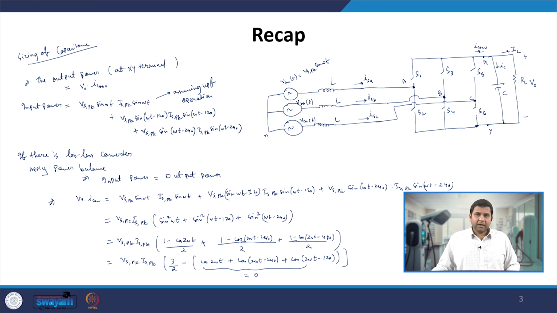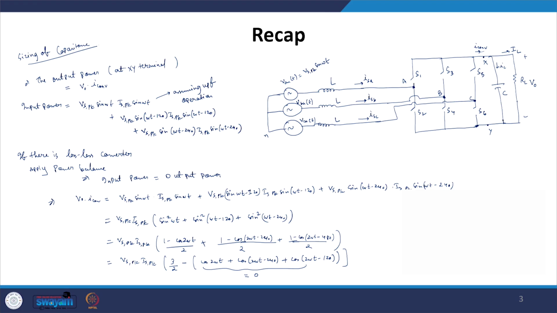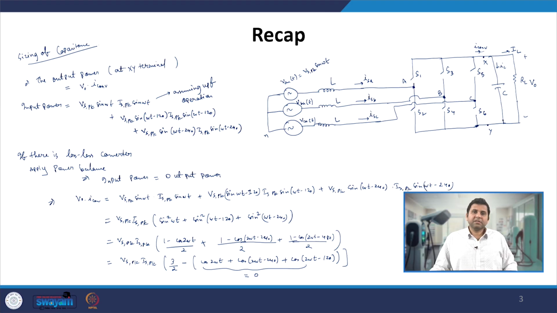Here again we first follow the same procedure that we did in the case of the single phase AC to DC converter, where we did the power balance between the input average power and the output power. We came to the conclusion that at the output of the converter there is a second line harmonic frequency component, and those second line harmonic frequency currents will go through the output capacitor, which corresponds to the capacitor ripple.